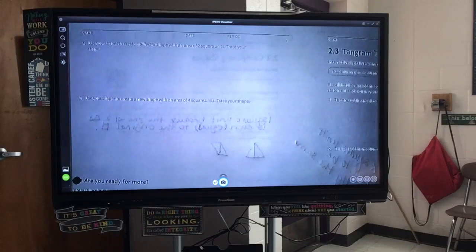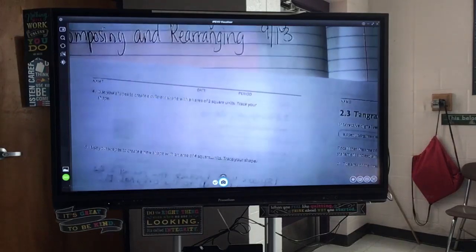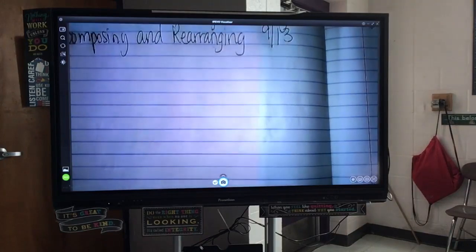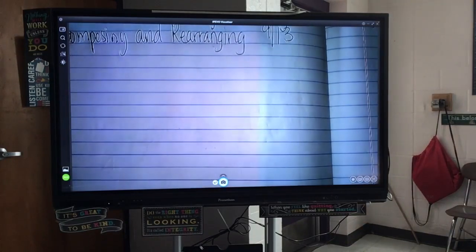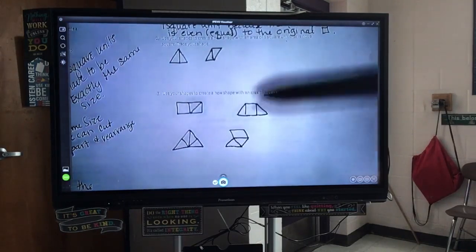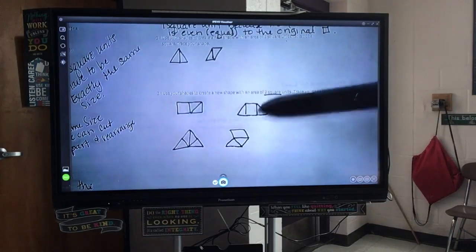All right. Number 5, it says, use your shapes to create a new shape with an area of 4 square units. 4 square units. So hold on, because we're going to have to do this when we come back from lunch, but I want you guys to understand. Hands off your shapes right now. Use 2 and 3 to help you with question 5.